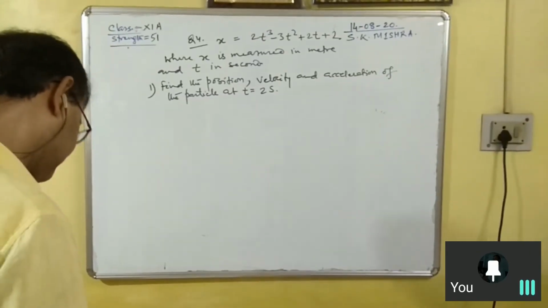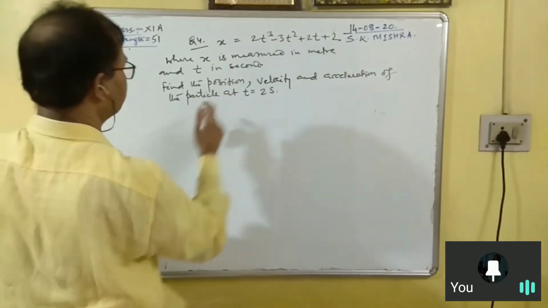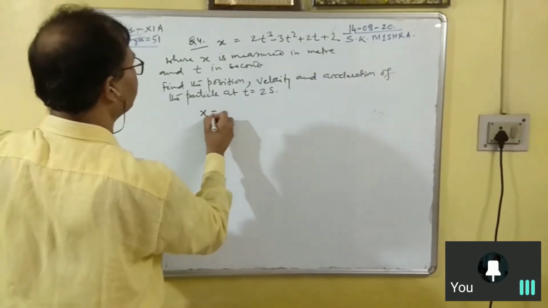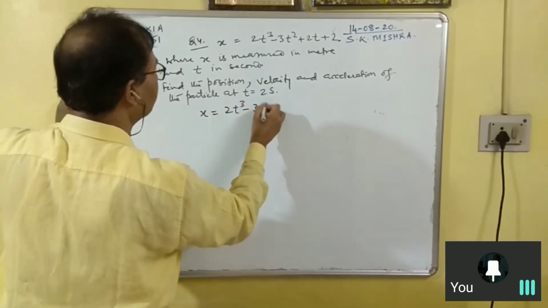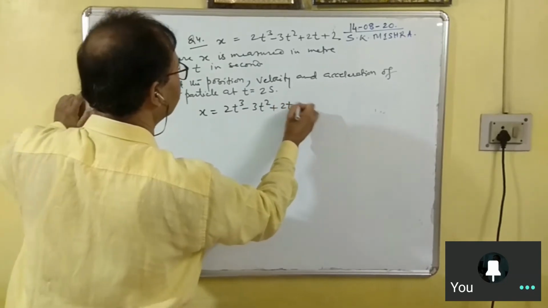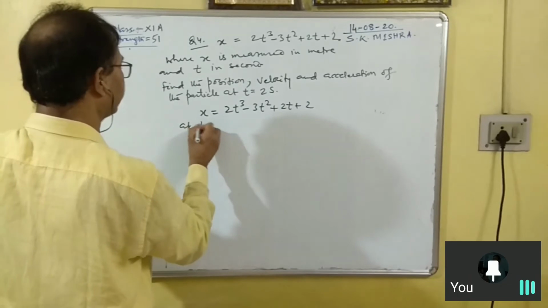This is the question. So to find position of the particle, you just see the relation between position and time. It is 2t cube minus 3t square plus 2t plus 2. So just put t is equal to 2 seconds.